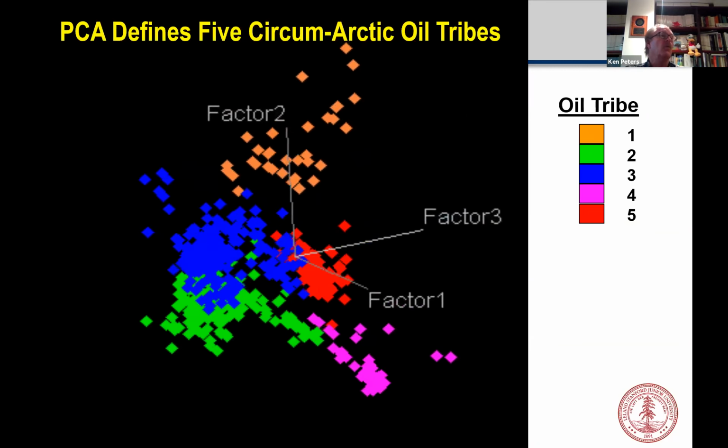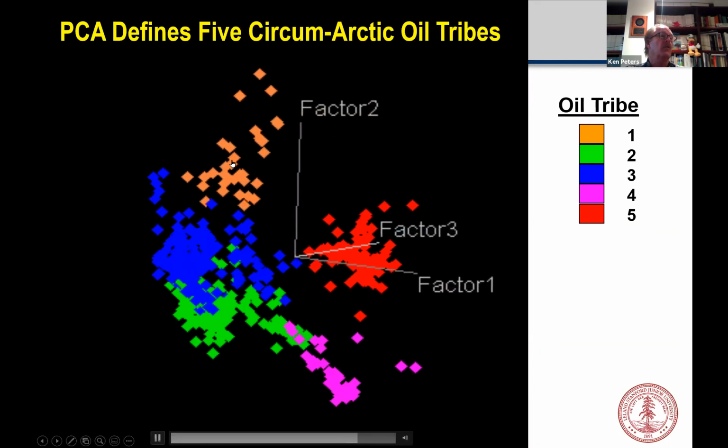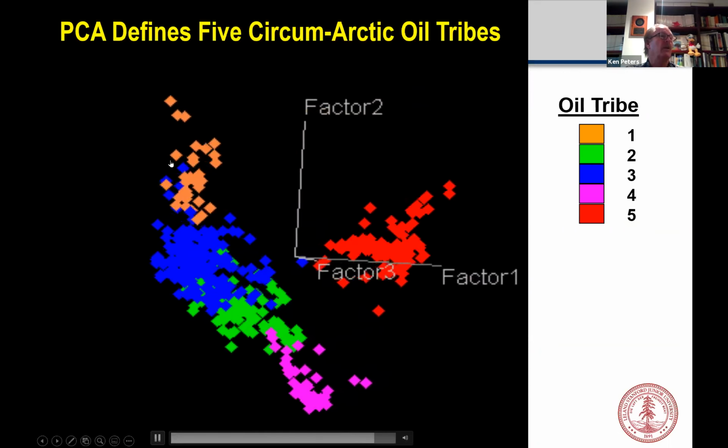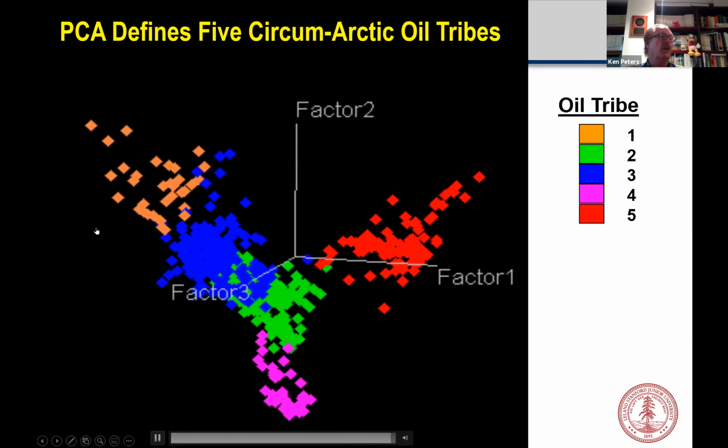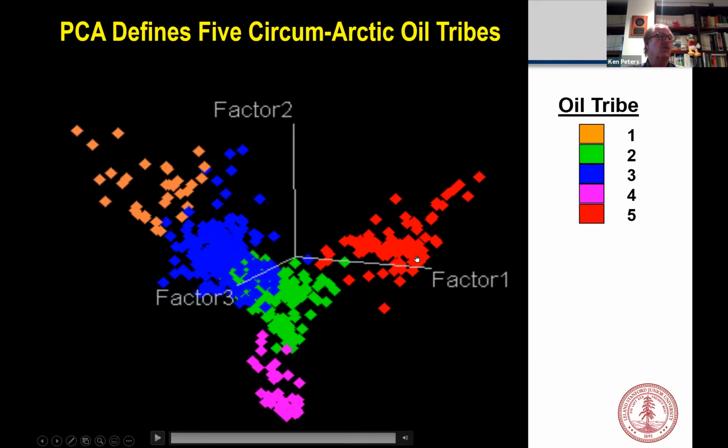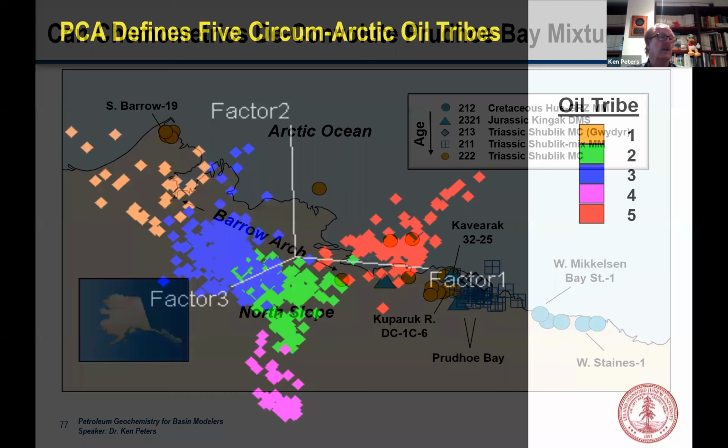So this orange group right here, virtually all of these have oleanane in them. So they're young oils. Some of these others, like the red group here, these are actually Precambrian oils. Okay? So we can do that kind of analysis, and it's a really very powerful way of looking at the data.